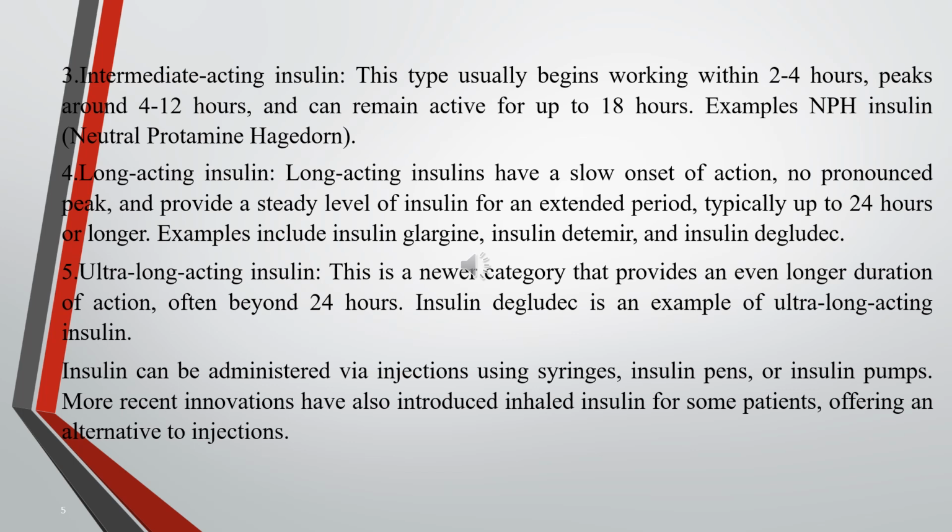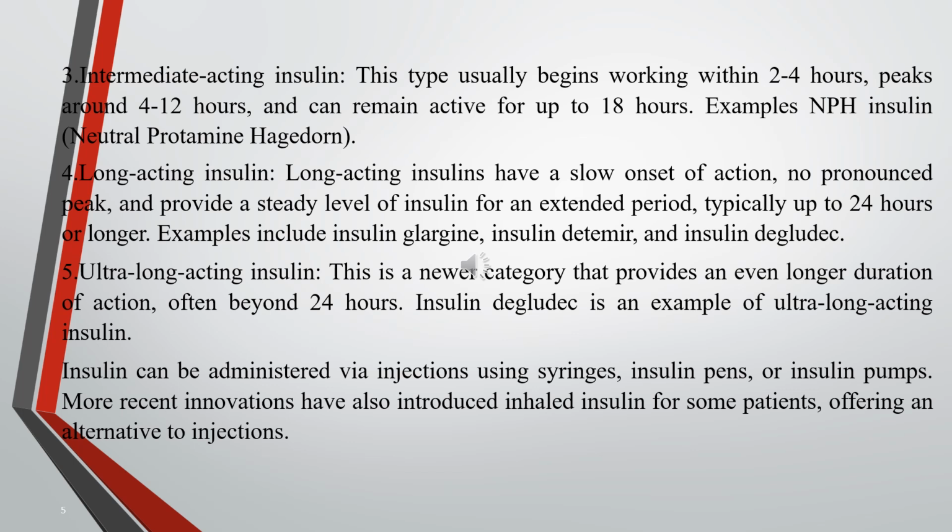Example, NPH insulin, that is neutral protamine Hagedorn. Fourth, long-acting insulins have a slow onset of action, no pronounced peak, and provide a steady level of insulin for an extended period, typically up to 24 hours or longer. Examples include insulin glargine, insulin detemir, and insulin degludec.